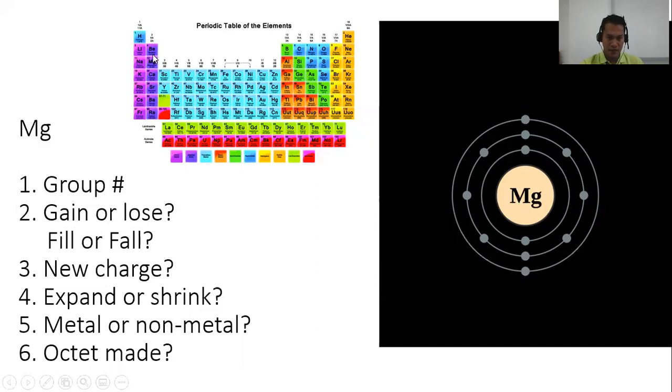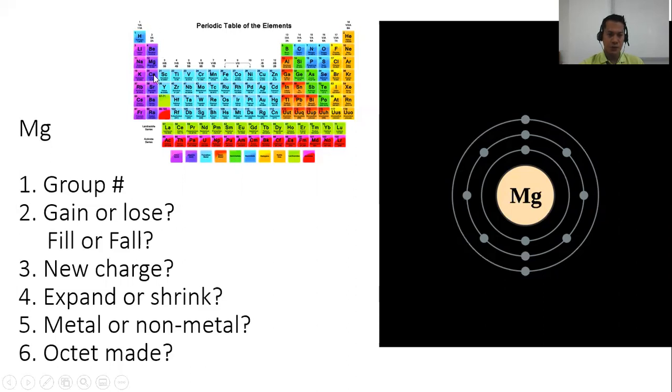Magnesium is right here. Can you see it? It's in group 2, period 3. What does that mean? Let's talk about the period first. Period 3: 1, 2, 3. All these are period 3. That means all these elements, especially magnesium, have 3 rings. First energy level, second energy level, third energy level. The third energy level is the last outer shell.